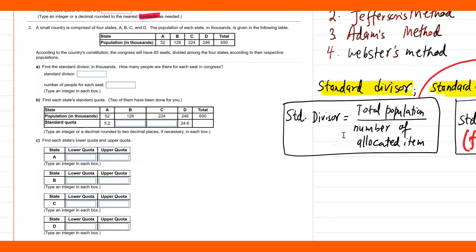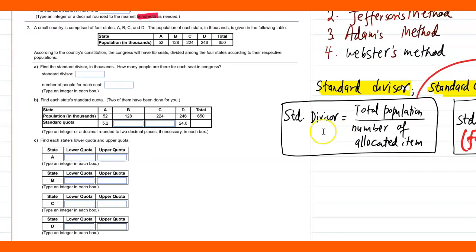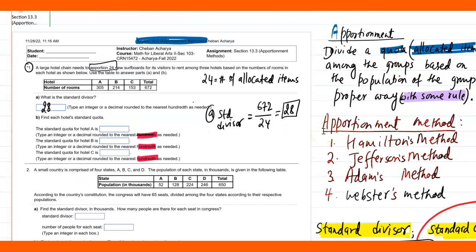To find the standard quota for hotel A, you do 305 divided by 28. It's going to be 10.892. Therefore, if you round to 2 decimals, 10.89.